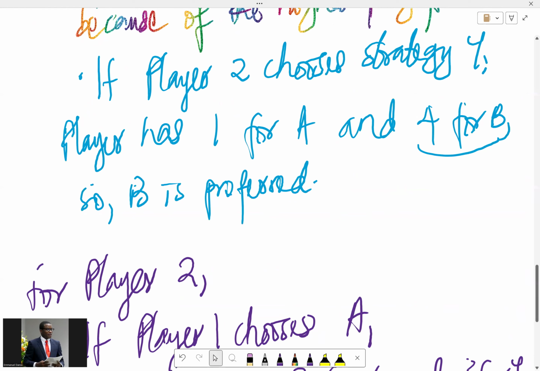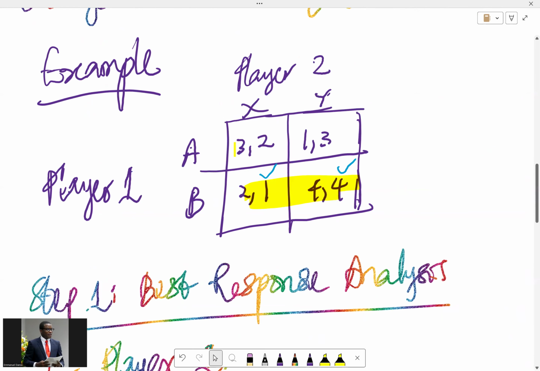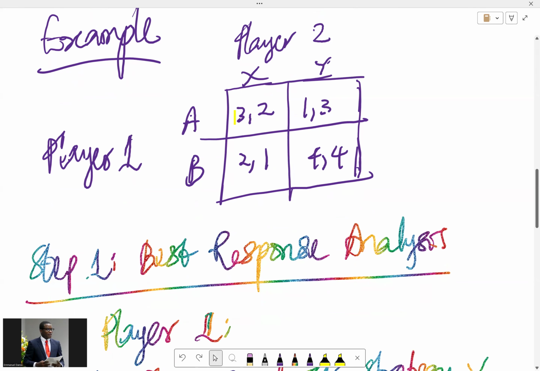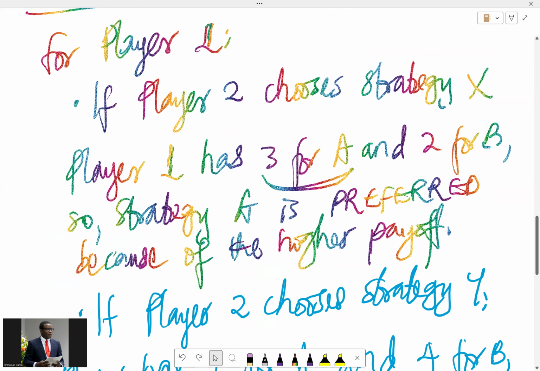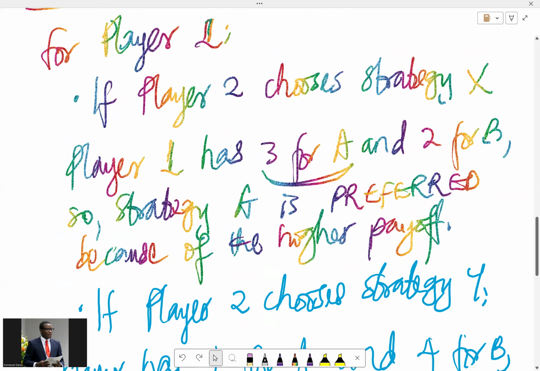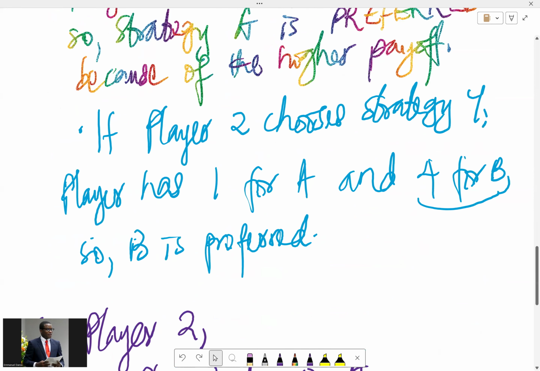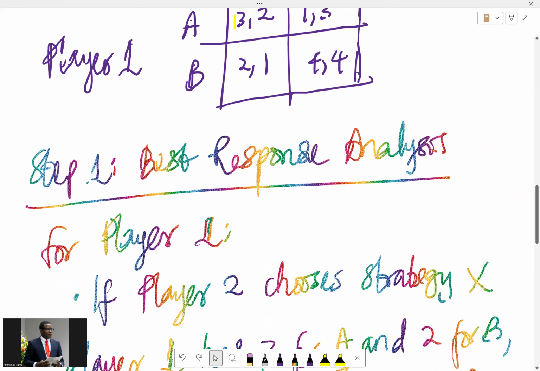So for player one, we had A and B, but A was preferred, and in the other situation, B was preferred, right?